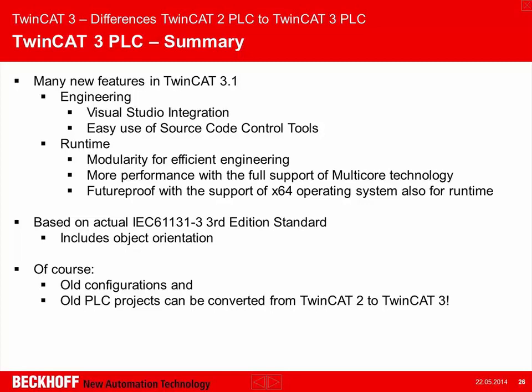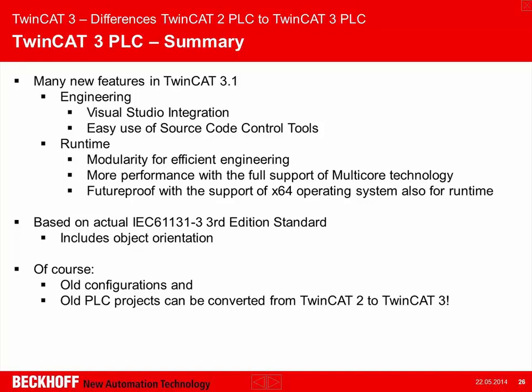And we are future-proof because we also support 64-bit operating systems, which will definitely not be available for TwinCAT 2. So the support of the TwinCAT 2 runtime for x64-bit operating systems will not be available. We are based on the actual standard, IEC 61131-3 3rd edition, which was released last year and which includes object orientation.